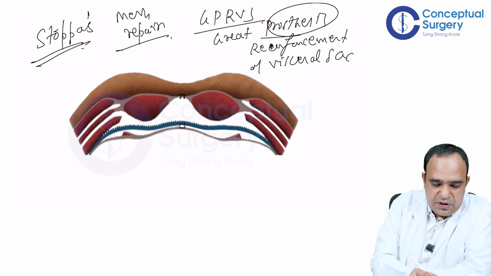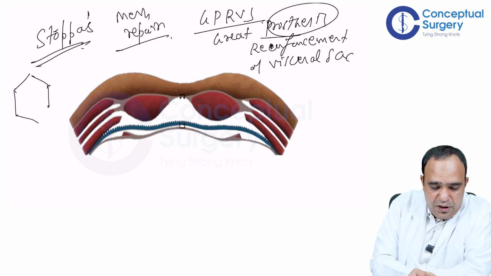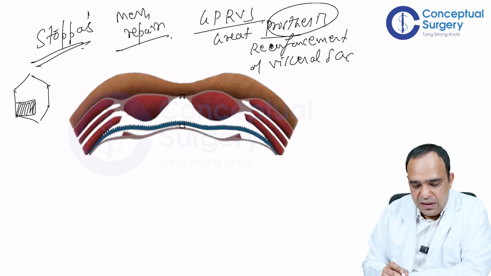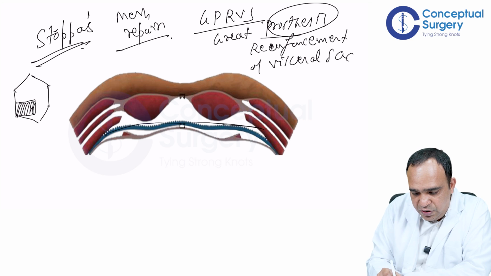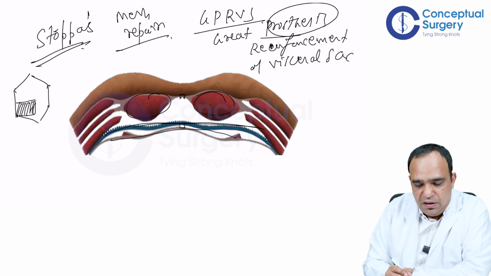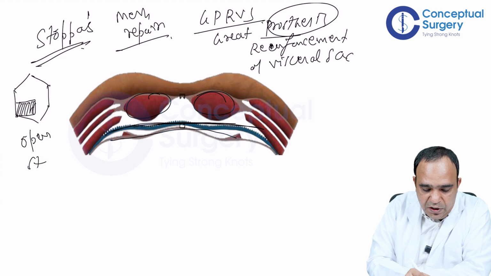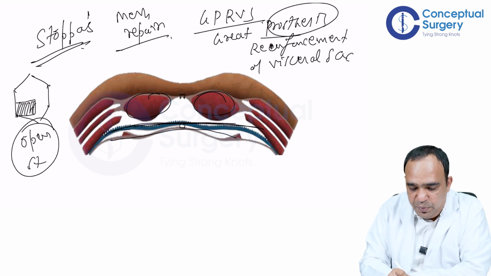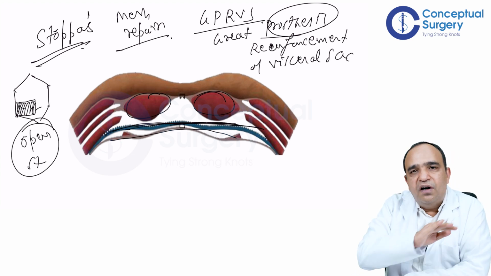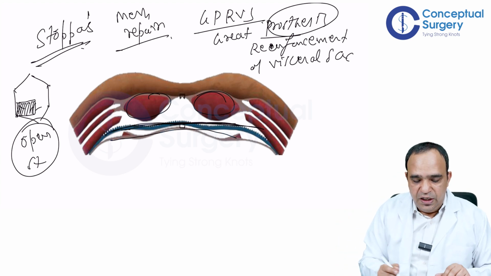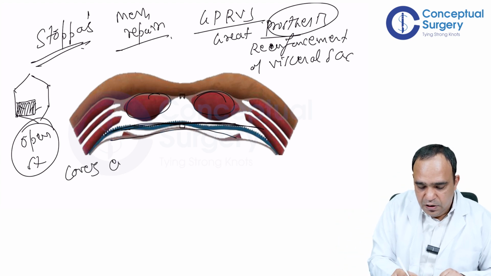See, that's the abdomen. Basically in this we place a large mesh in the preperitoneal space. That's the mesh, this is the peritoneum, and these are the recti muscles on both sides. So again, in front of the peritoneum. This is open surgery, remember, not laparoscopic. We place a large mesh to cover the entire myopectineal orifice.